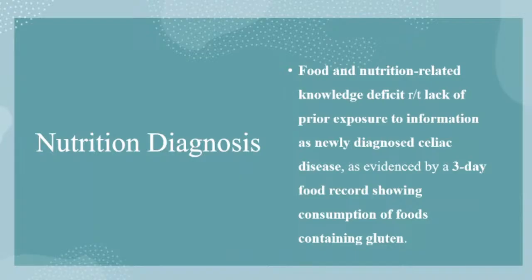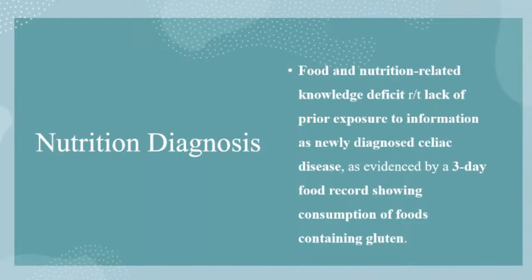The root cause is the fact that the person lacks prior information about the disease that he or she has been diagnosed with. And then my evidence is the diet history I took, okay, there was a 3-day record of foods. The foods that the person mentioned were foods that contain gluten.